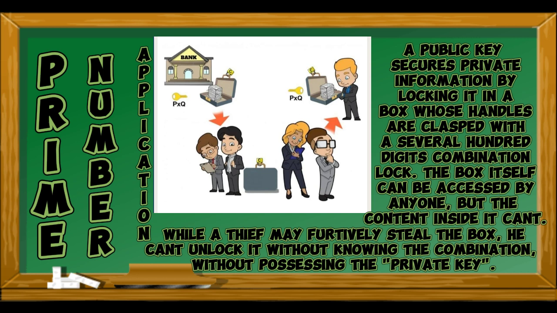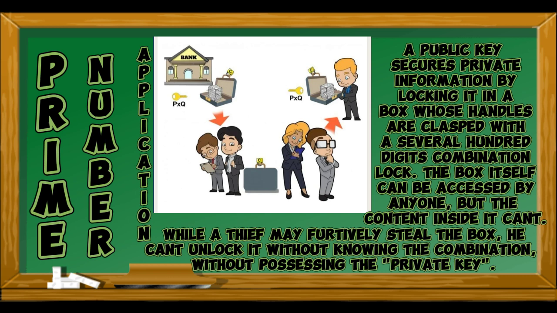For example, a public key secures private information by locking it in a box whose handles are tightly clasped with a several hundred-digit combination lock. The box itself can be accessed by anyone, but the content inside it can't.